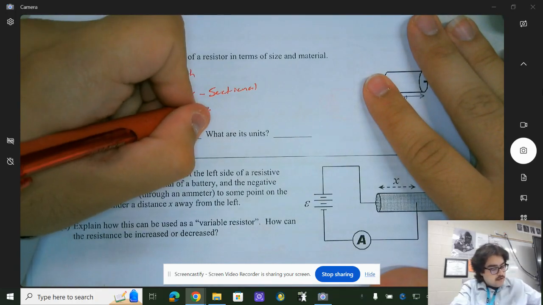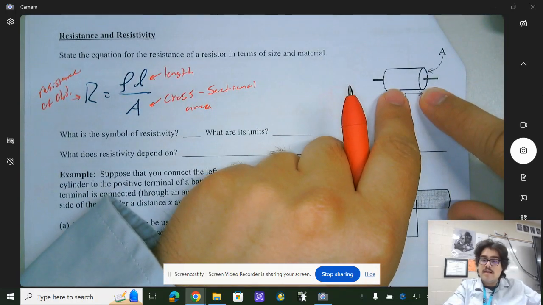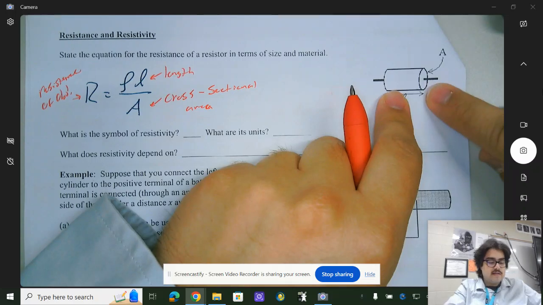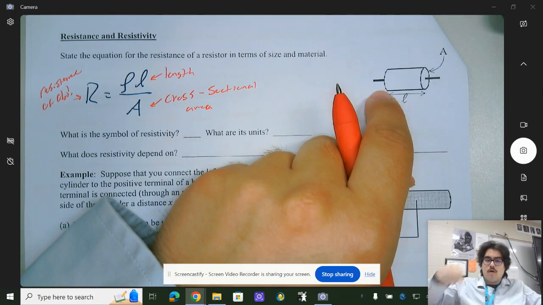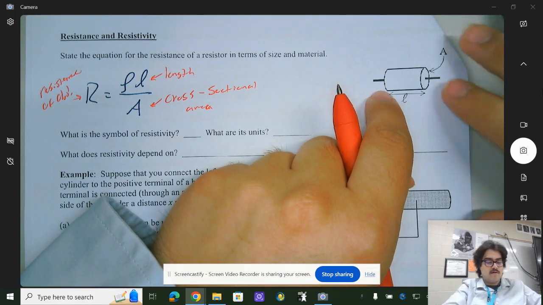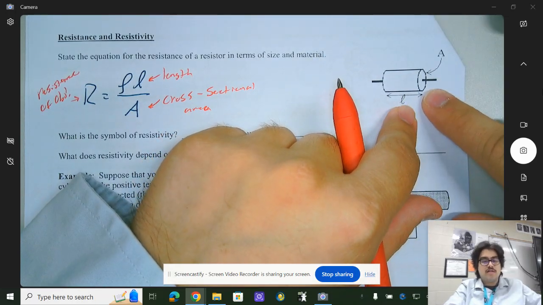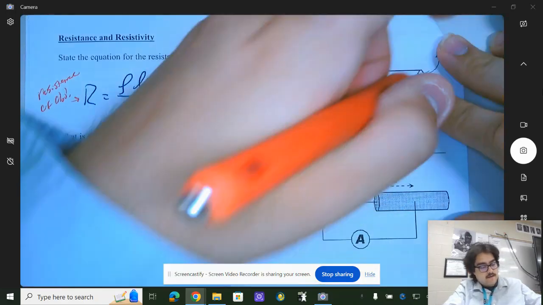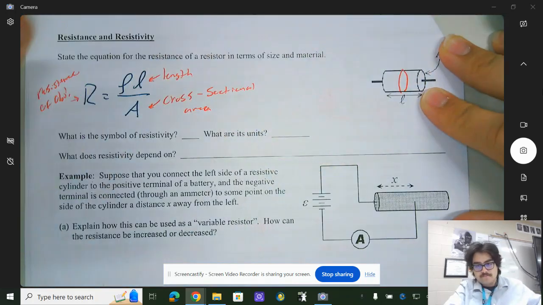So the cross-sectional area is basically, if this is our resistor, the area you'd see if you were to slice it in half, what would be the shape there. For example, for a cylindrical resistor, the cross-section is a circle. There's your circle.